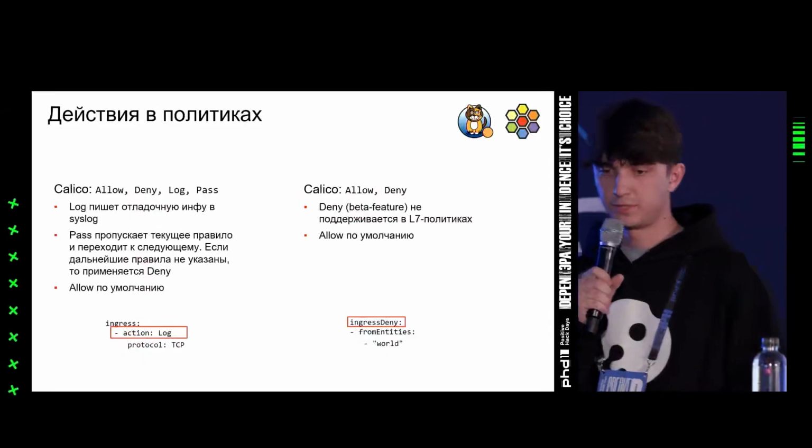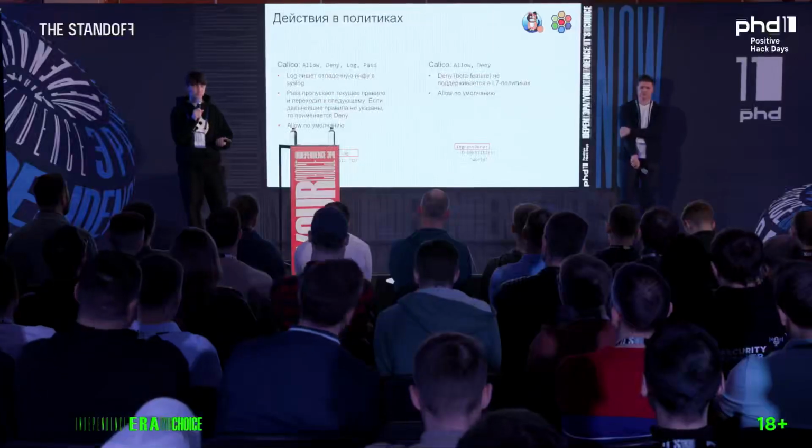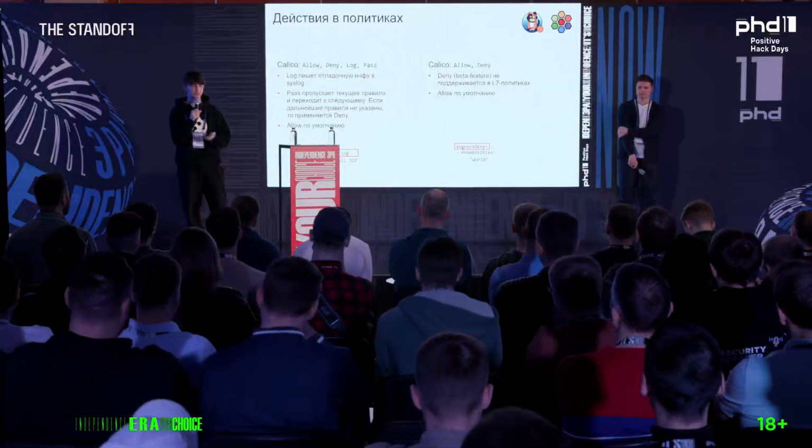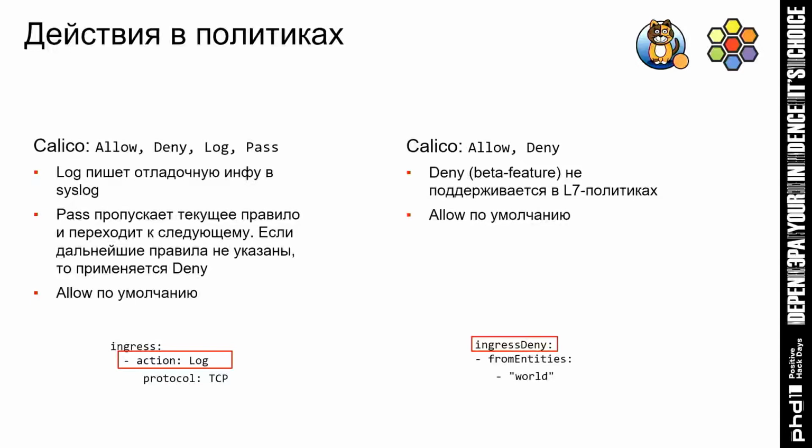Dmitry already mentioned that by default, native policies describe only what is explicitly allowed, whitelist principle. In custom policies, we can act differently. In Calico, there is this point action. We can not just use allow, but also use deny.